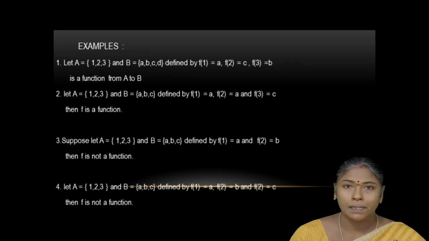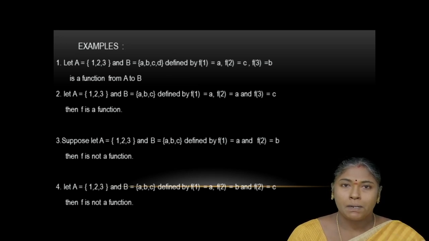So two different elements can have the same image. And f of 3 equal to c. But in this case the element b in the codomain has no pre-image. We need not worry about that. Every element in the domain has an image in the codomain, so this is also a function.